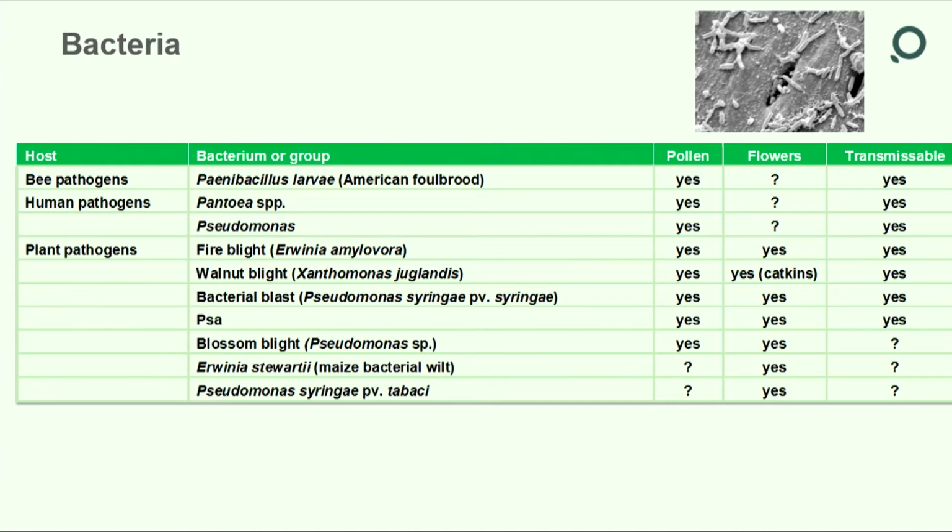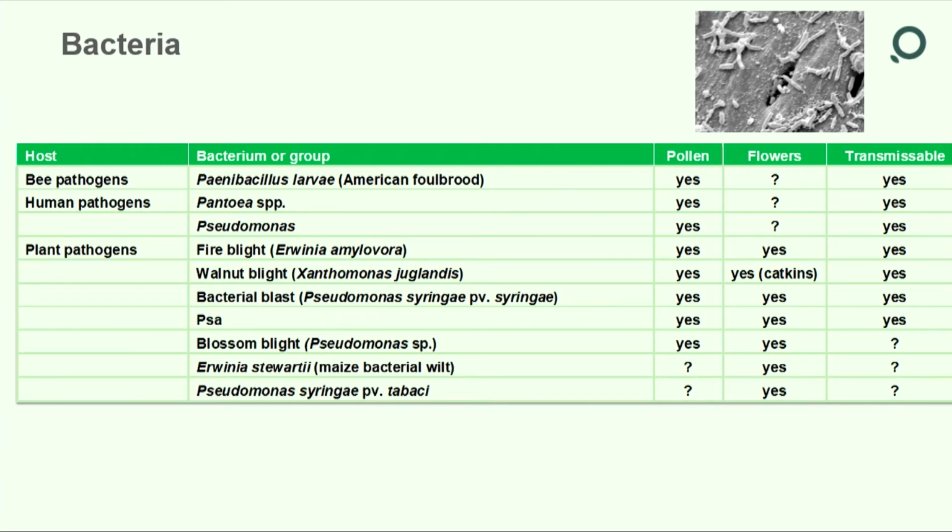There are 2 human pathogens also that contaminate pollen, and this was found during a study of people who are allergic to pollen. They found that people weren't actually allergic to pollen itself, but to the toxins that are produced by the bacteria that were contaminating the pollen. And so, yes, those 2 bacteria are pollen transmissible.